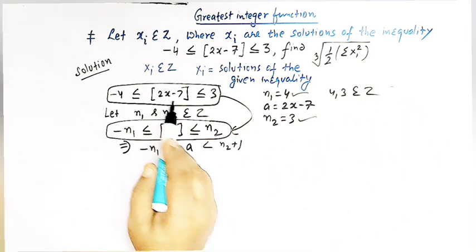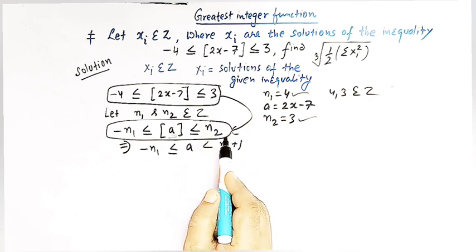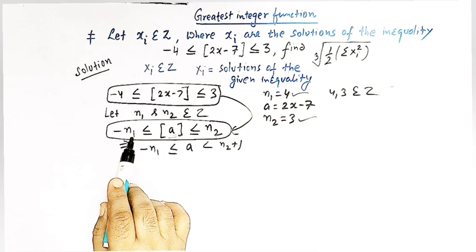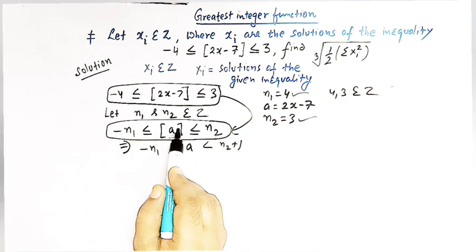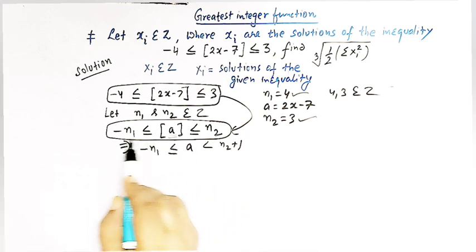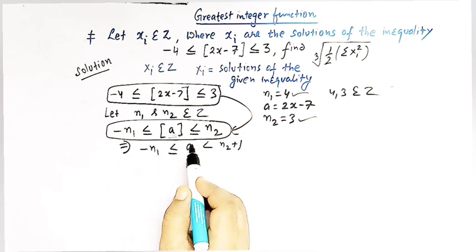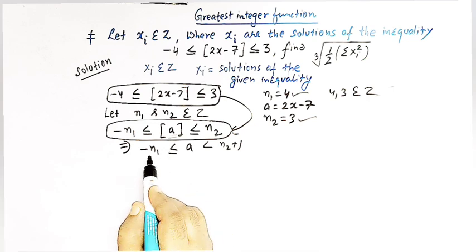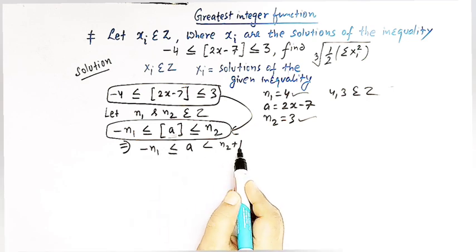So this inequality is similar to this one. So when we have two integers n1 and n2 which are associated with the greatest integer of a like this, then we have this number a as greater than or equal to minus n1 and less than n2 plus 1.